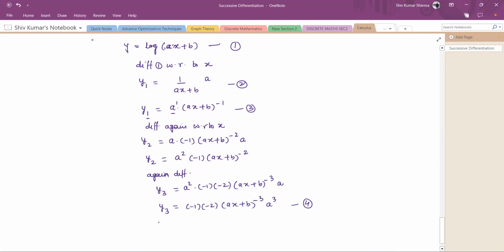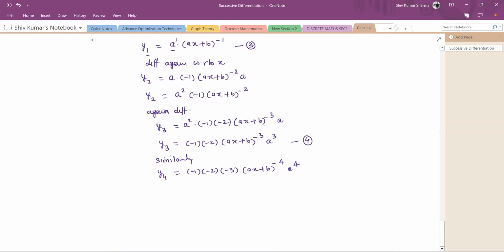And when we write the fourth derivative, similarly y4, we can directly write it as above: minus 1 minus 2 minus 3 into ax plus b raised to the power minus 4 into a raised to the power 4. When we write the fourth derivative, similarly we do the nth derivative.